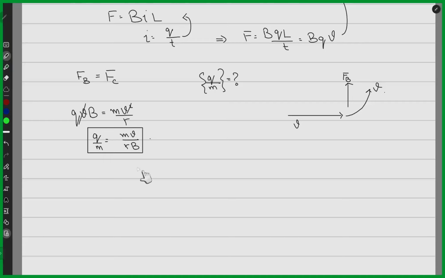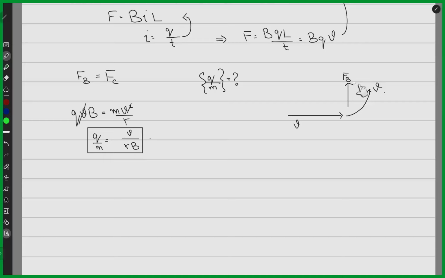Sir, why do we have m on the right side? Oh, sorry, my mistake. It should be just v over rB, right?